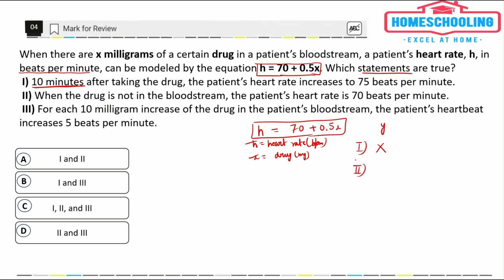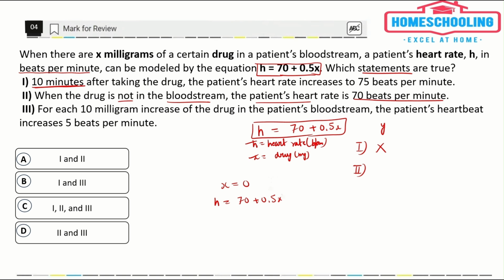Now let's come to statement 2. When the drug is not in the bloodstream, so drug is x here, if there's no drug, it means x is 0. If the drug is not in the bloodstream, the patient's heart rate is 70 beats per minute. So we'll take this equation, 70 plus 0.5x, and statement 2 says that the drug is not in the bloodstream.